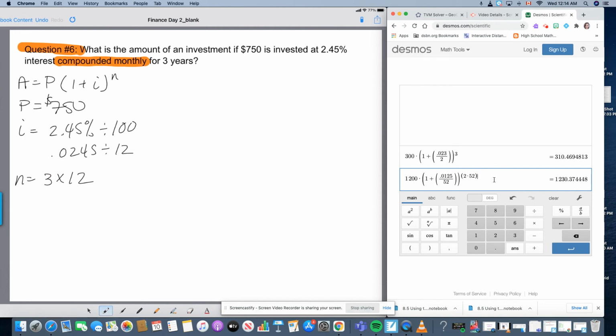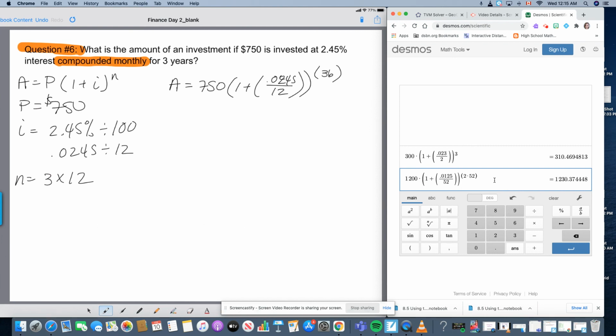Okay, so then when we put this into our formula, we have A equals 750 times 1 plus 0.0245 over 12 raised to, if you know what 12 times 3 is, you can put that right into your calculator as 36.